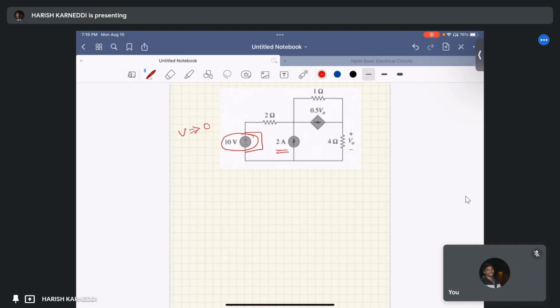The internal resistance of an ideal voltage source is 0, so we just short circuit these terminals.